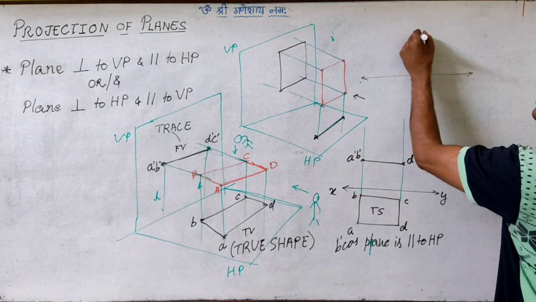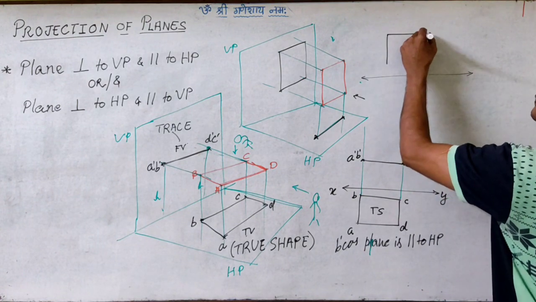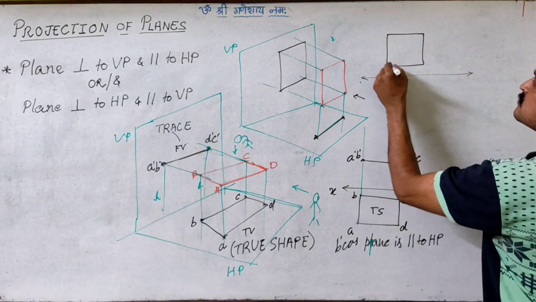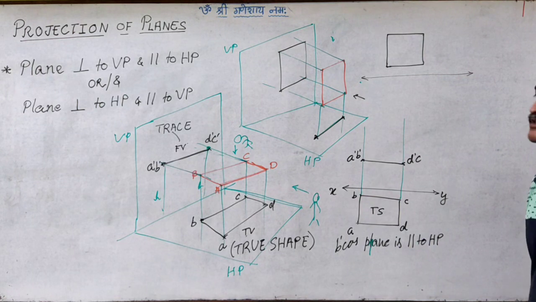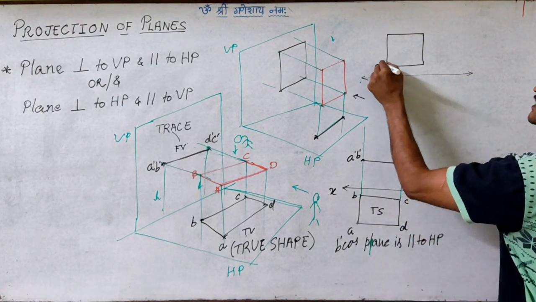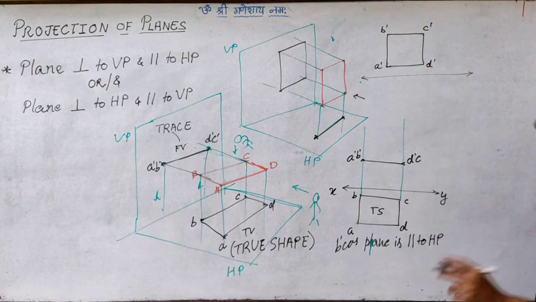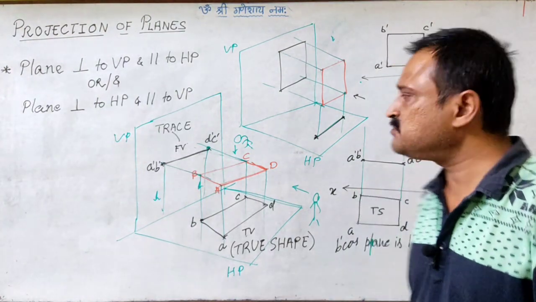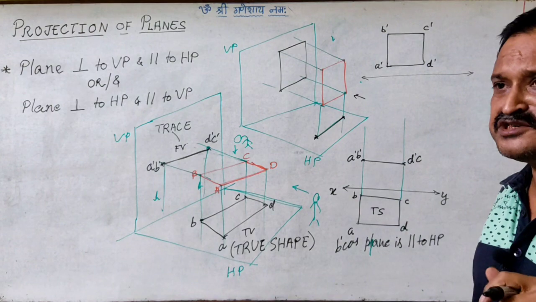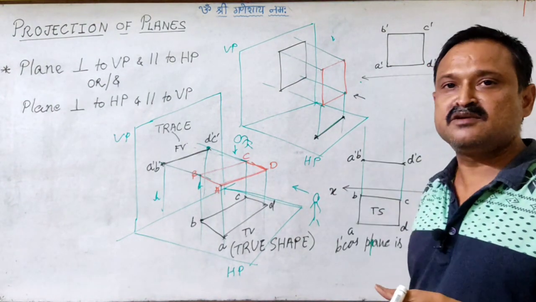So let us say this is A dash, B dash, C dash and D dash. That means if I draw the true shape in the front view, I am ensuring that it has become perpendicular to HP.